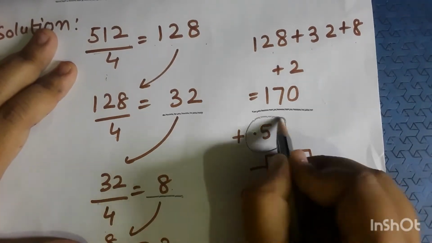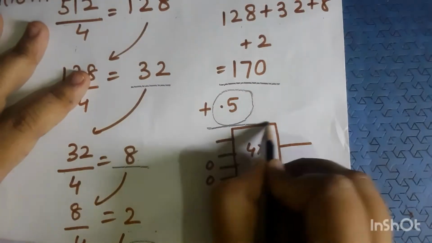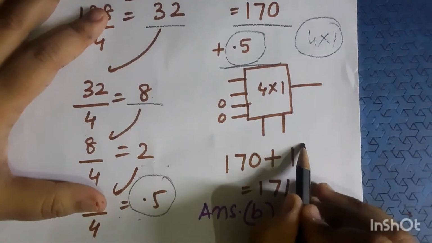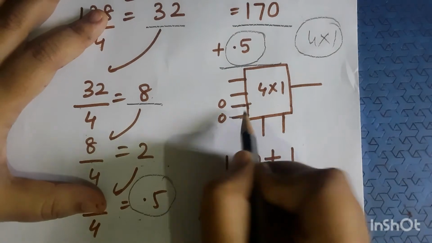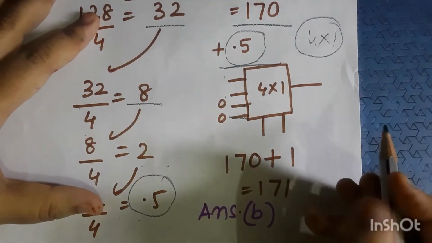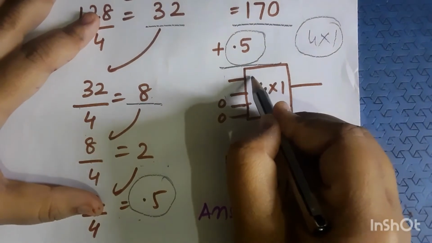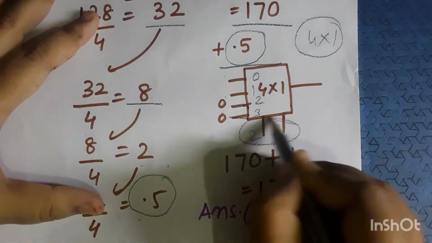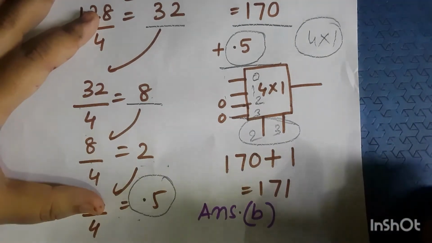And for the 0.5, the last stage multiplexer, a 4x1 multiplexer, we can implement it like this. We can tie 2 of the inputs with 0 and the other 2 we can provide, and the select lines also accordingly, for if it is 0, 1, 2, 3. So for 2, 3 select line, the output would be 0 only.